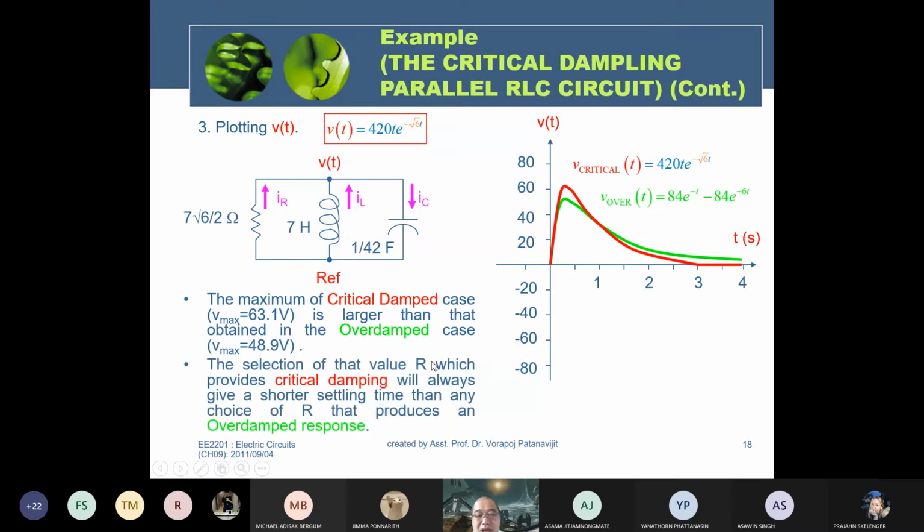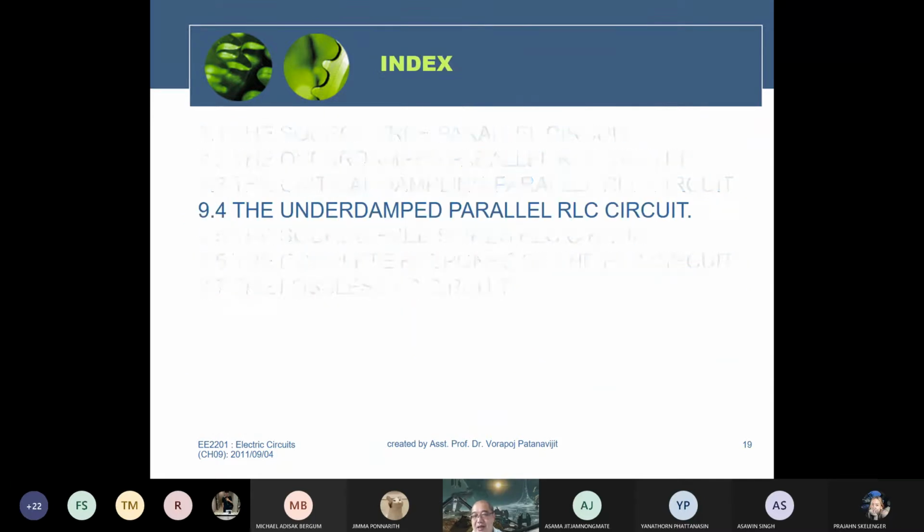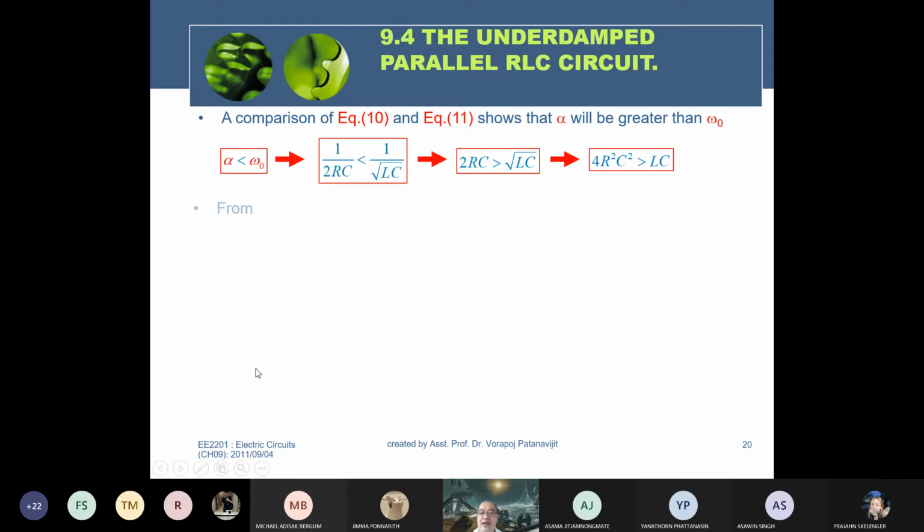The selection of the value R that provides the critical damping always gives a shorter settling time than any choice of R that produces the overdamped case. The last one is the underdamped case. A comparison of equations 10 and 11 shows that alpha will be less than omega.